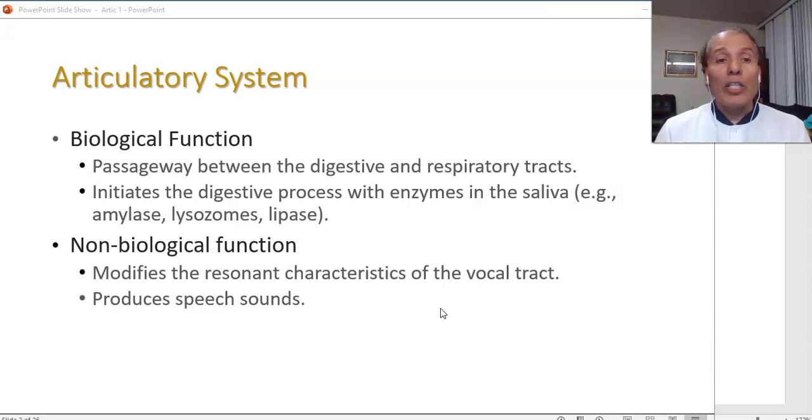So for speech, imagine this. You have a lot of tissue and muscles and a lot of moisture, a lot of structures involved, between the area where the vocal folds are and the mouth, or between the vocal folds and the nose.